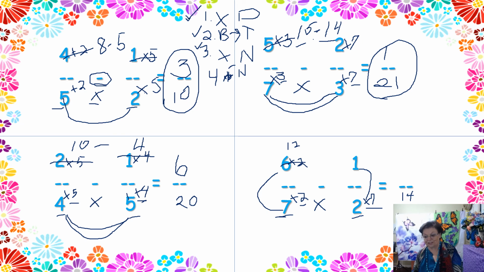I multiplied this 2 times 7, so I have to multiply this 1 times 7. What is 1 times 7? 7. Now, we're going to subtract our new numerators. 12 minus 7 is 5. And there's our answer. That's how easy it is to add fractions.